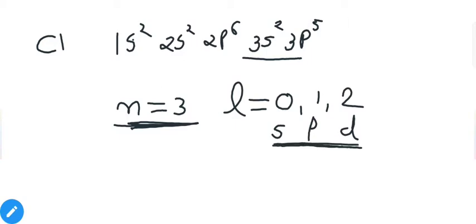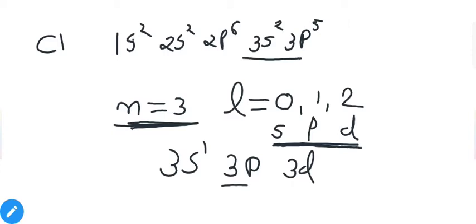That means if the 3s orbital is present, then 3p will be there and 3d will be there as well. Okay, although the electronic configuration, suppose it is 3s1, 3p will be there but it contains 0 electrons, 3d will be there but it also contains 0 electrons. So we are not mentioning them in the electronic configuration, but it is there. If a situation occurs, then the atom can use that orbital.